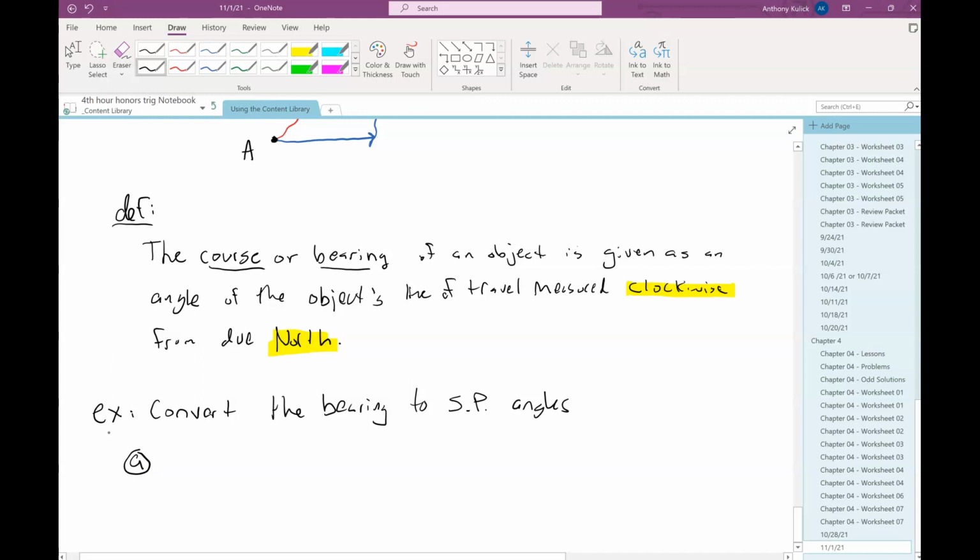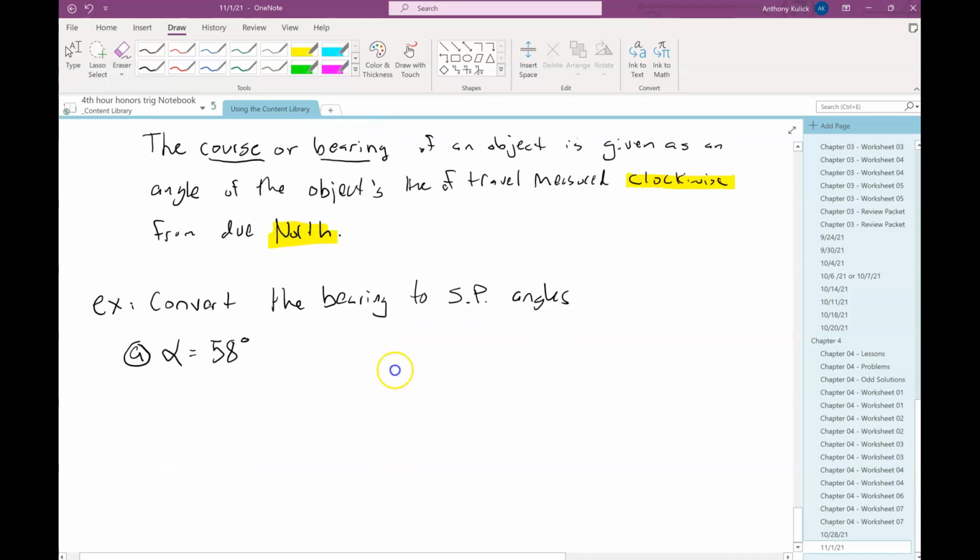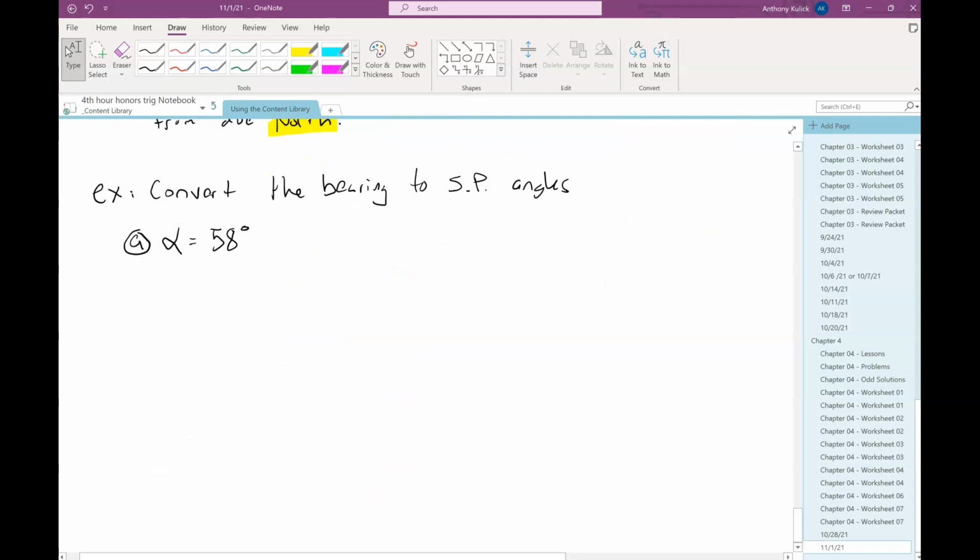So we're going to start by just talking about how we convert a bearing into a standard position angle. Let's say we have the bearing alpha that is equal to 58 degrees. I'm going to start by drawing myself a picture.